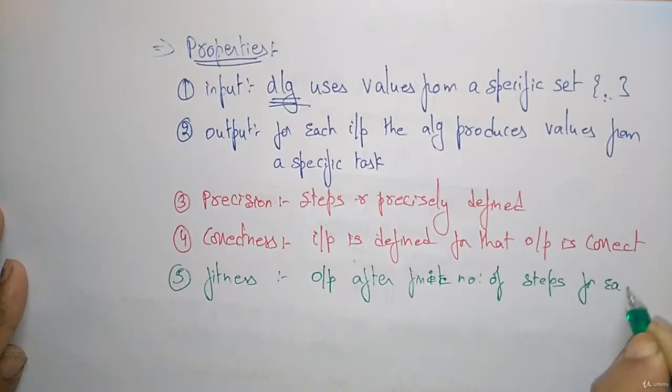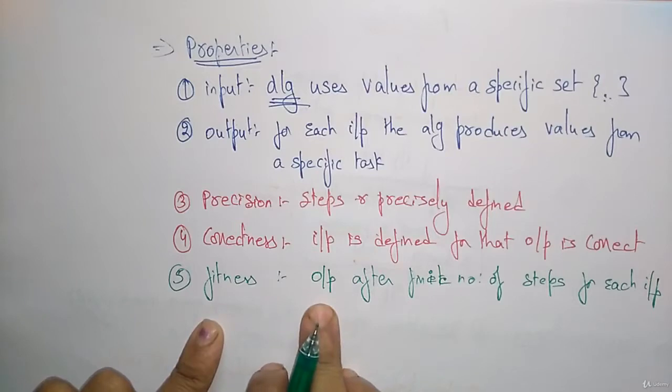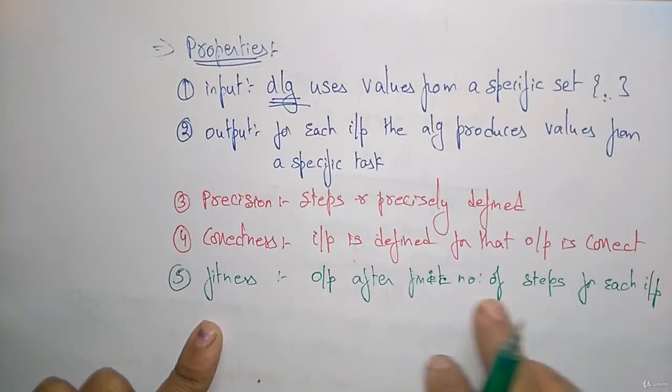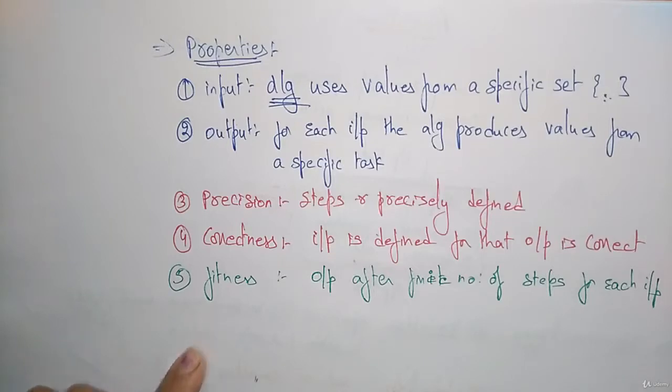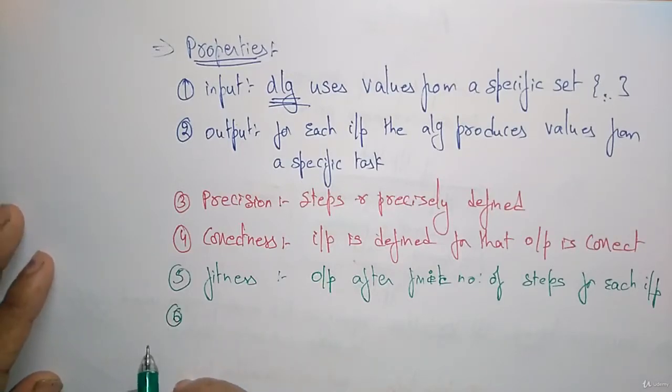So finiteness is one of the properties of an algorithm.